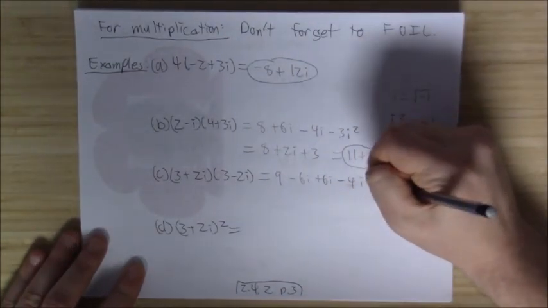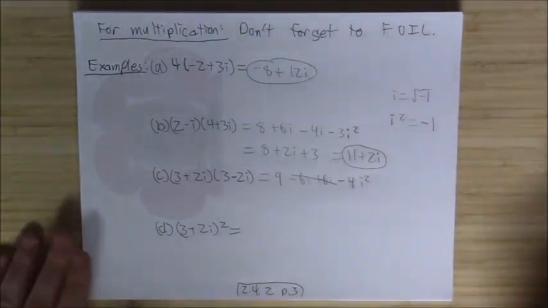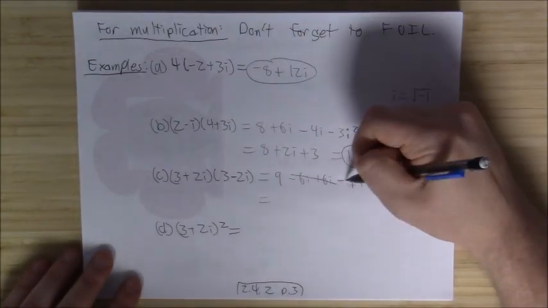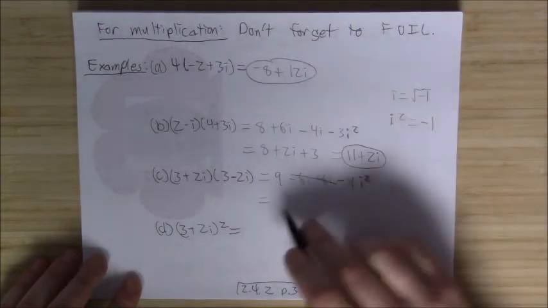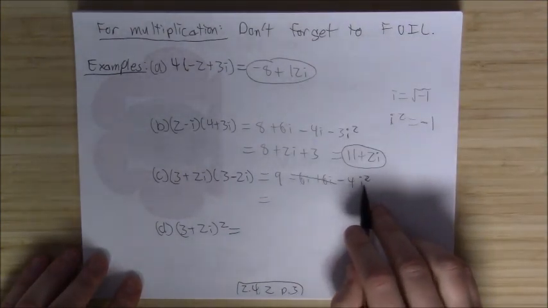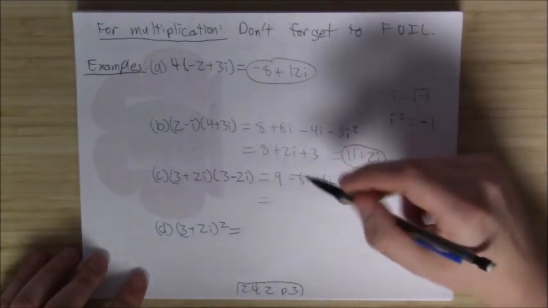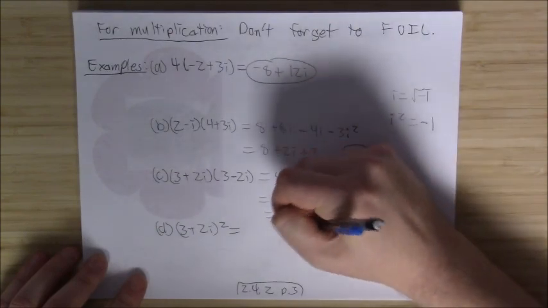And again, it creates a difference of squares because the middle terms will kill each other. It's that difference of sign that does that. Then here we see minus 4i squared. And so we have 9 minus, again, the i squared will become a negative 1, and so we actually have 9 plus 4, which is 13.